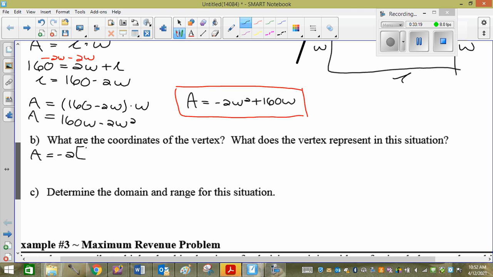Yes? Yes? And then when we take a 2 off the 160, what does that become? Yeah, negative 80, exactly, because you're just dividing it by 2, right?